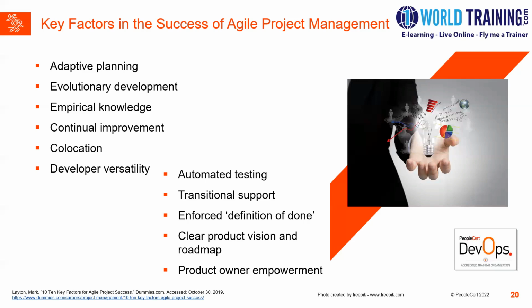So as we say, automated testing. Most of the time, the testing as a part of agile project management is automated. The scripts which have to be run are automated. They are run through tools. There can be multiple tools which we can use for running those automated test scripts.